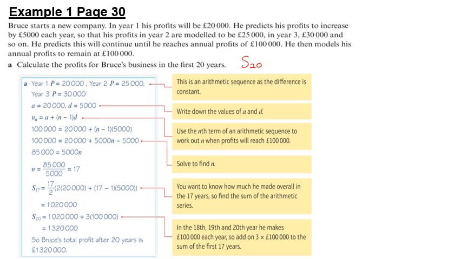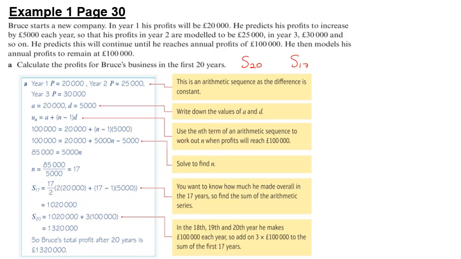What we need to do is work out the sum of the first 17 years using the S17 formula, because for 17 years the sequence will be arithmetic, and then for the years after that we'll just add on £100,000. So using the Sn formula for arithmetic sequences, we can find the sum of the first 17 terms.